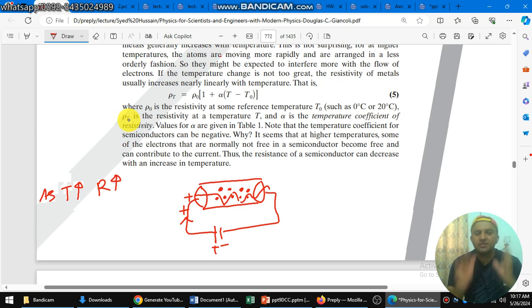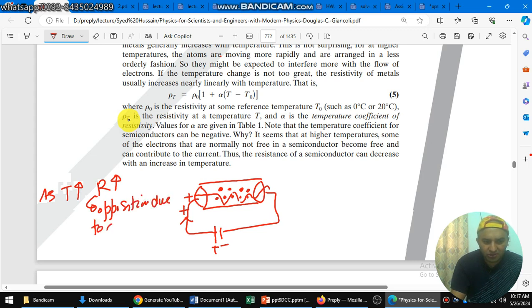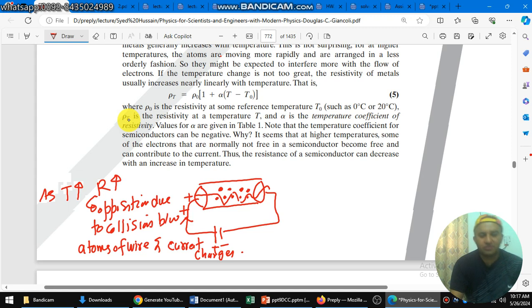These atoms resist, they oppose. This is the resistance. Resistance is the opposition due to the collision between atoms of the wire and the current charges.